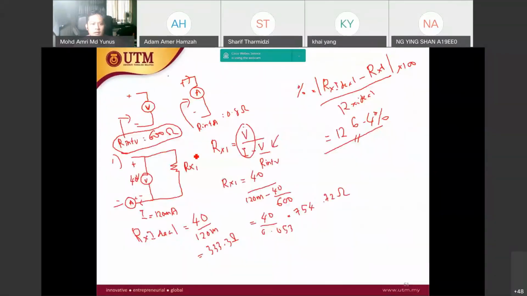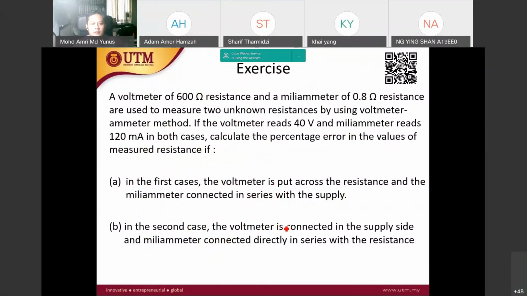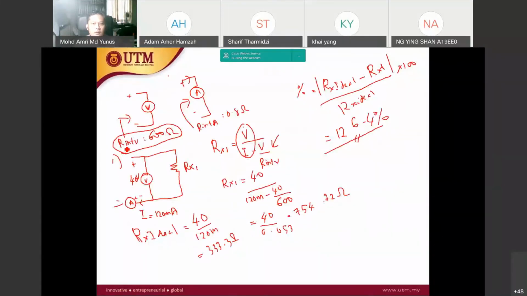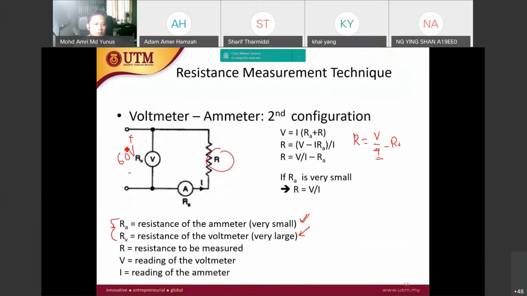But for the second case, the voltmeter is connected on the supply side and the ammeter is connected directly to the resistor. Here in the second condition we assume this is 40 volt, and this is 120 milliampere.